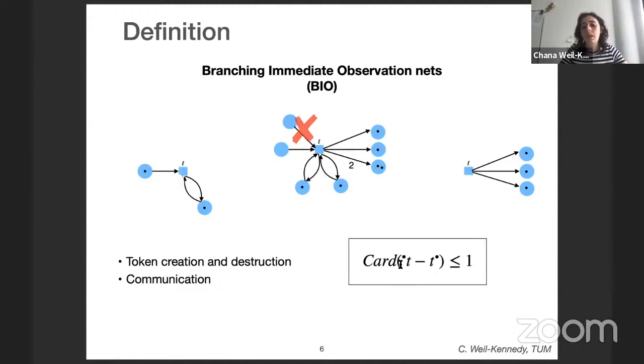So the preset of transition T is the number of input places, and the post set of transition T is the number of output places, and it's a multi-set because we can have weights on the output. And so a branching immediate observation net is a Petri net in which transitions all verify this. There is at most one pure input place. So there's token creation and destruction, and there's a sort of communication.